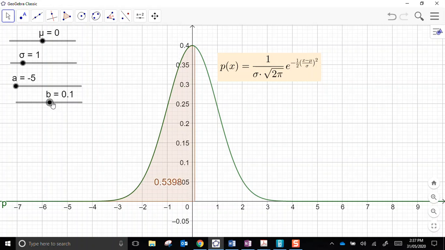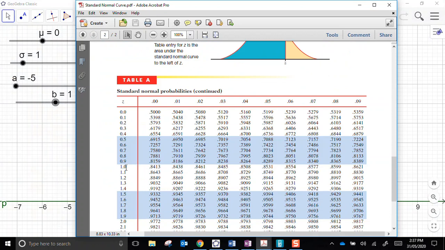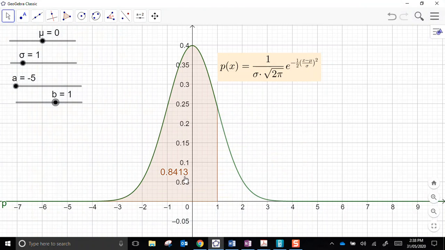If I set B at +1, then as we saw in one of our earlier examples, we've got 0.5 on the left of the mean and 0.34 on this side, so 0.84. Let's check that table once more. If I find a Z-score of +1, there it is, it's 0.8413, which is what we're looking at.